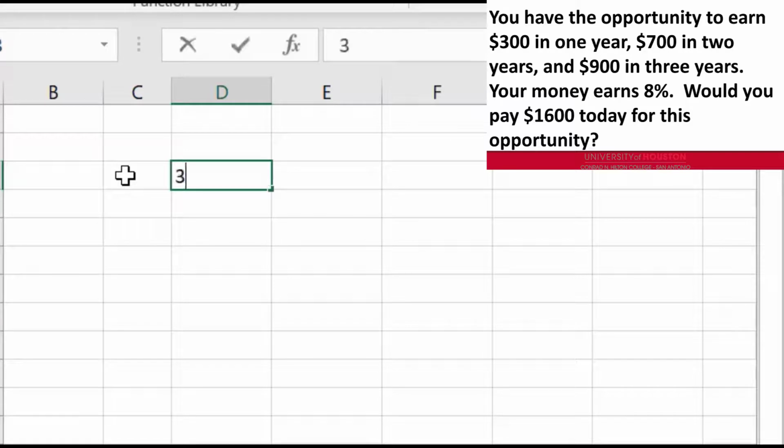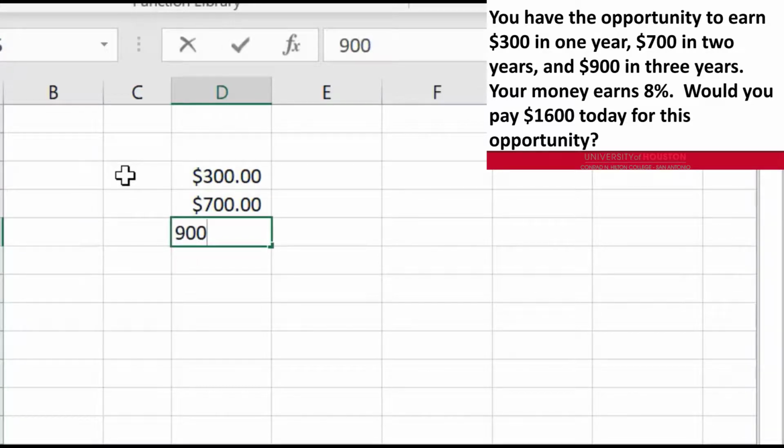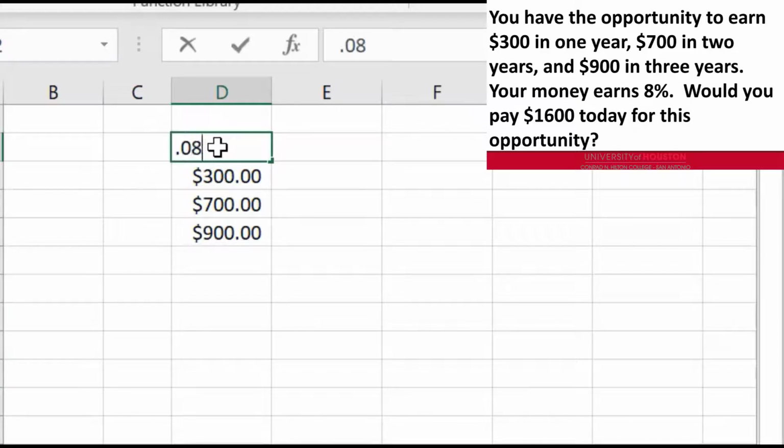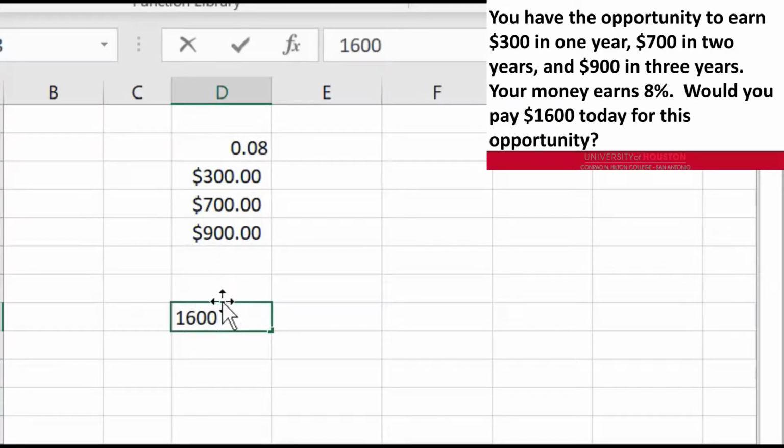It says we'll get $300 in year 1, $700 in year 2, and $900 in year 3. It says that our money earns 8% interest. And they're looking at, would you pay $1,600 today in order to get this cash flow stream?